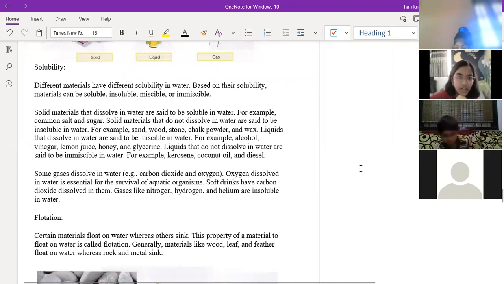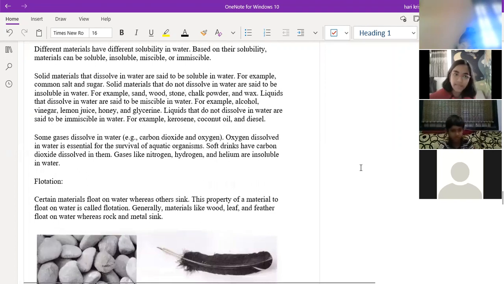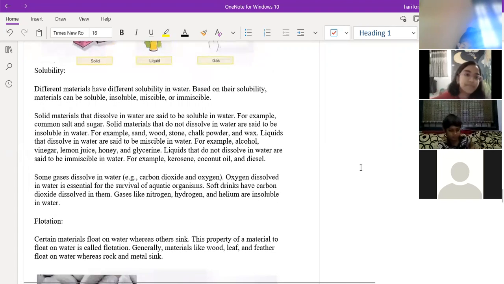Vinegar is a liquid used for cooking, and water is also a liquid, so it's immiscible. Vinegar and water do not mix, right, sir?